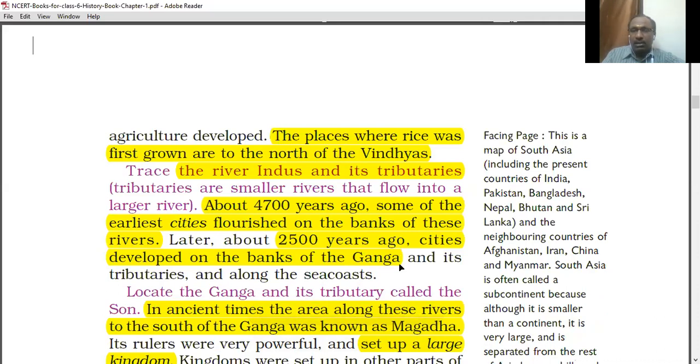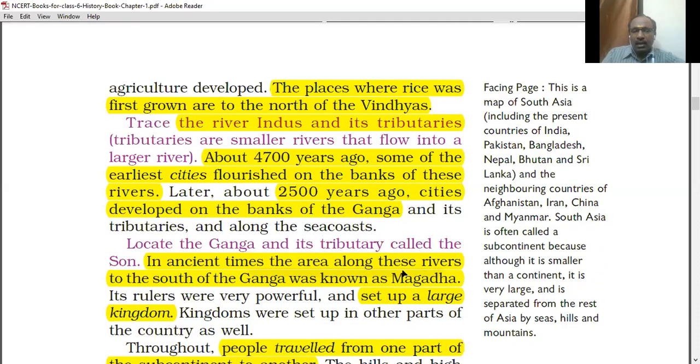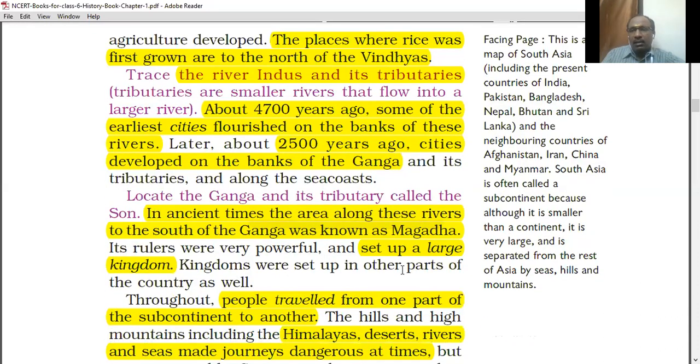We come to know that cities developed 2,500 years ago near the banks of the river Ganga. And the river Ganga also has branches or tributaries like Son, river Yamuna, like that.